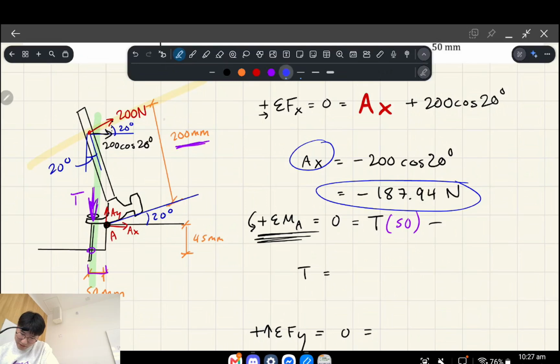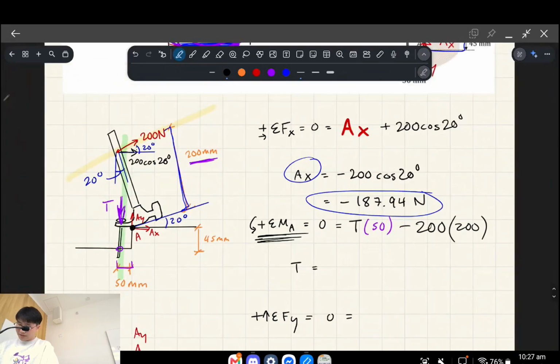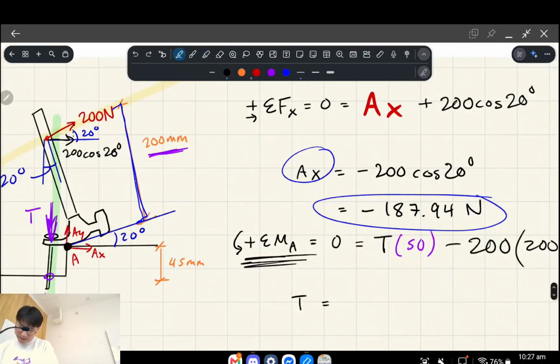And we know that lever arm is 200 mil, right? So we'll go 200 newtons times 200 mil. There's no need to split this into its vertical and horizontal components. In fact, it'll be more annoying to calculate for this particular case because we are already given that perpendicular distance as 200 mil.